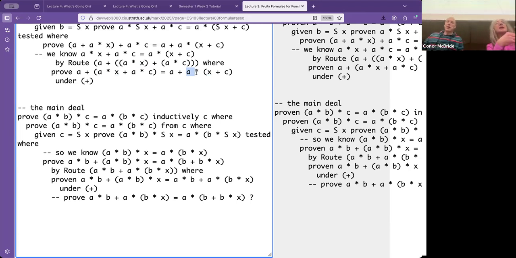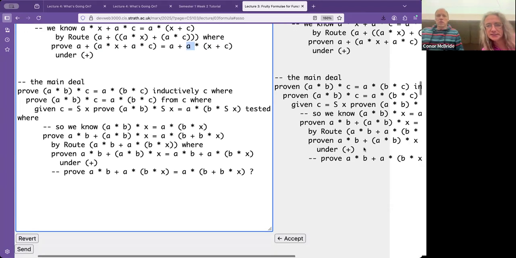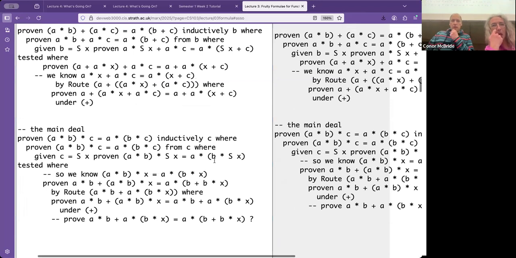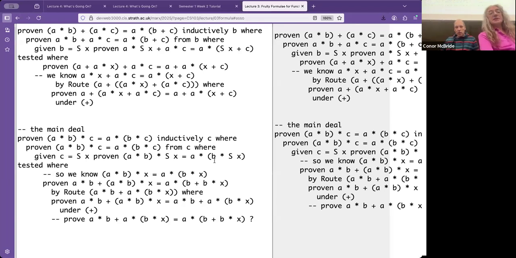So by splitting up under plus, we've knocked the whole thing off. Let's hit accept and notice that not only is distributivity of multiplication over plus proven, but now associativity of multiplication is proven. There was a question, I believe.